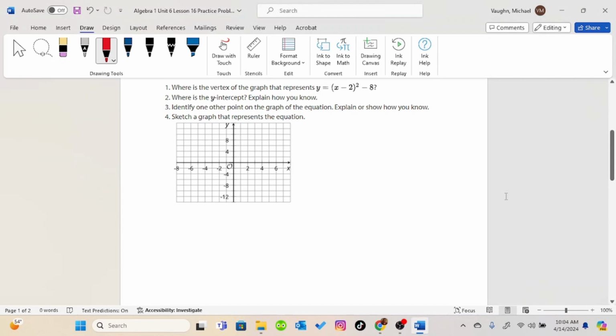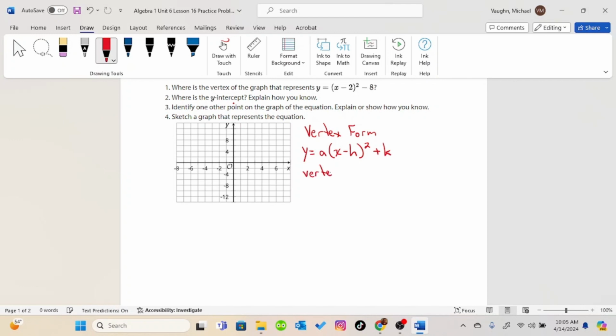Where is the vertex of the graph that represents y equals (x minus 2) squared minus 8? So remember, vertex form is y equals a times (x minus h) squared plus k.